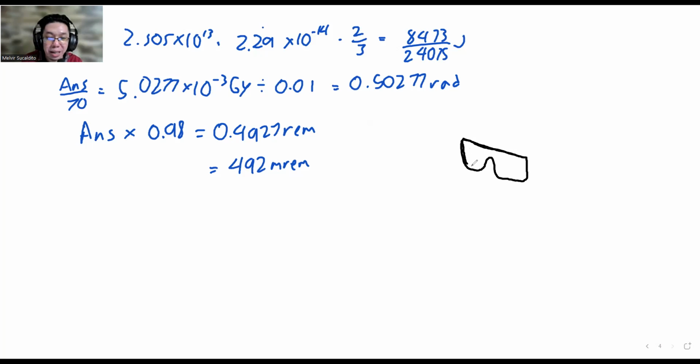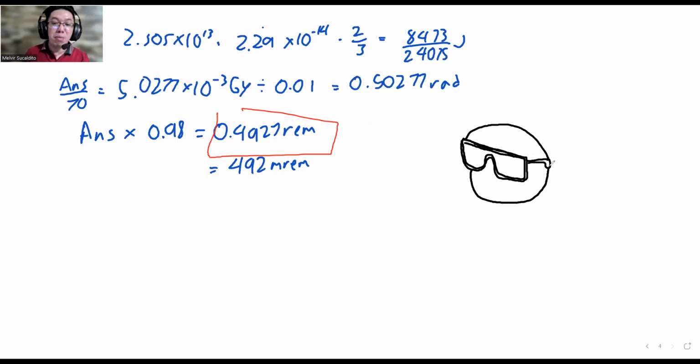Okay, so you now have rad. Then multiply this by 0.98, very good. And that will be the rem. 0.49 rem. Okay, that's good. Or if you want millirem, multiply this by 1,000. 492 millirem. Correct.